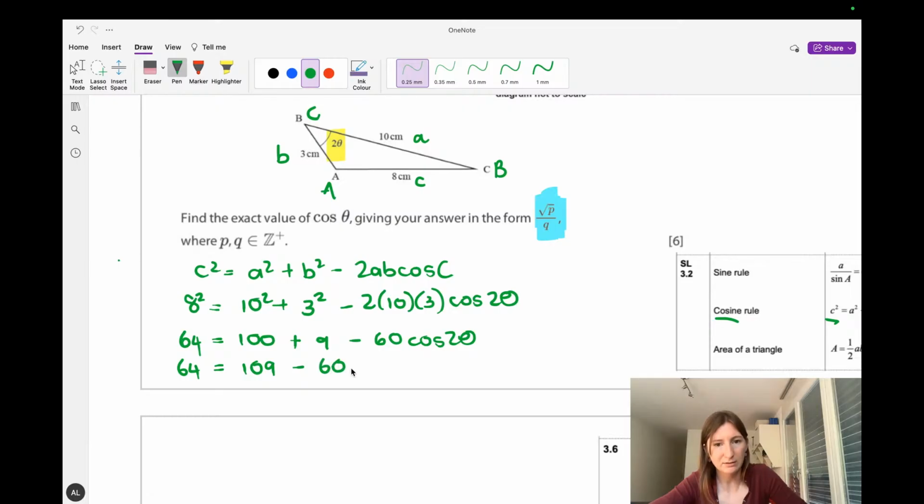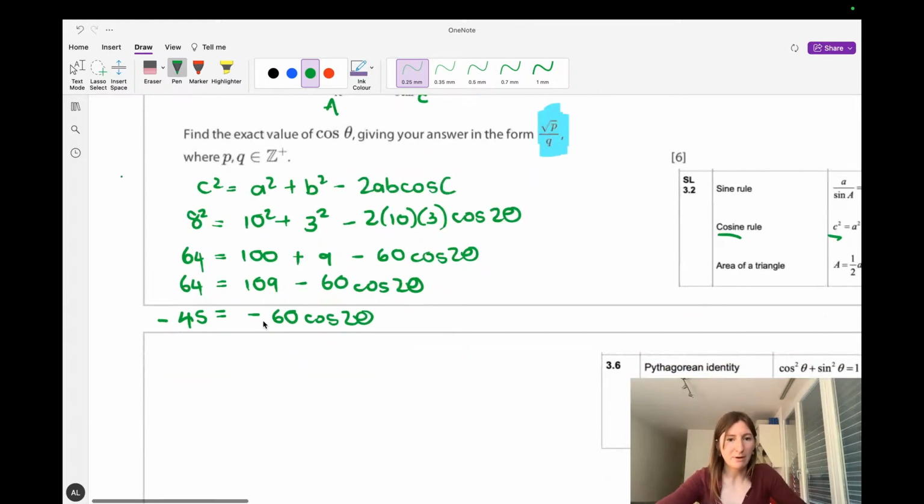Just keep simplifying until we get somewhere. 64 minus 109 gives me, I love doing quick maths on a live webinar. So 6, 30, 36 plus 9 gives me 45. 45 equals minus 45, sorry. Minus 60 cos 2 theta.